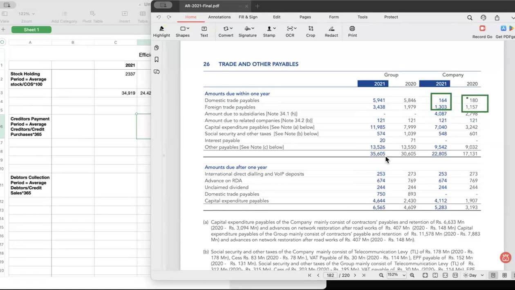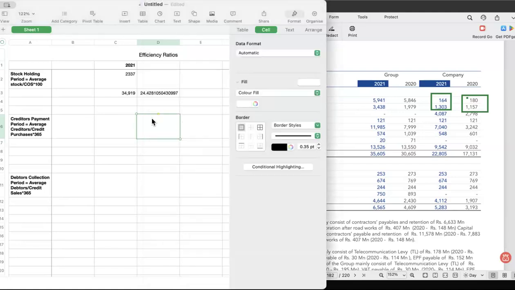Remember, average creditors: 164 plus 1303 plus 180 plus 1157, divided by 2. So the answer is 1402.